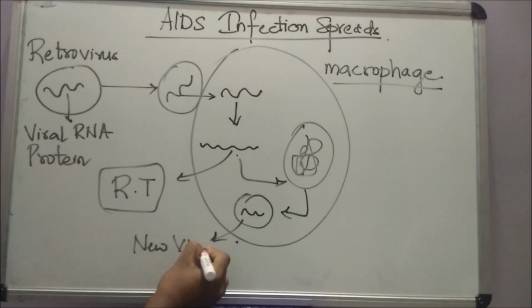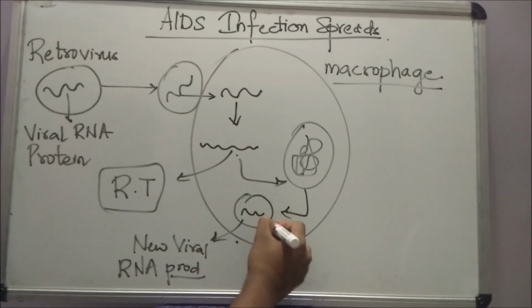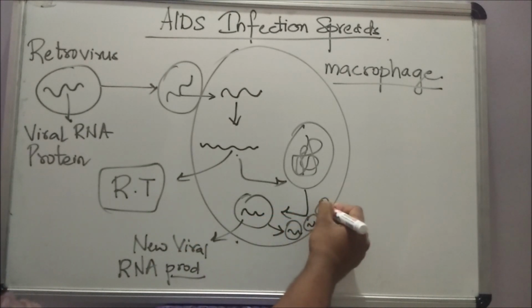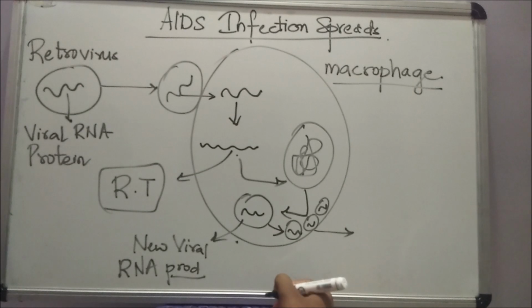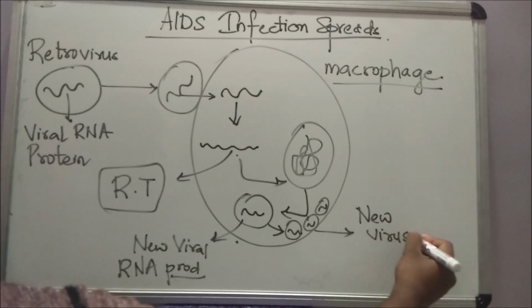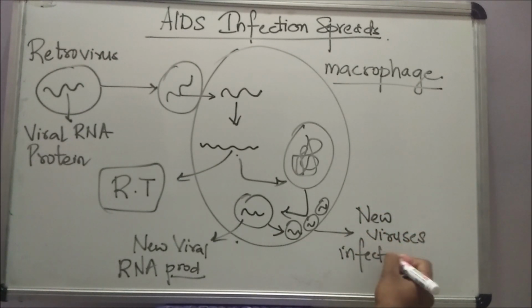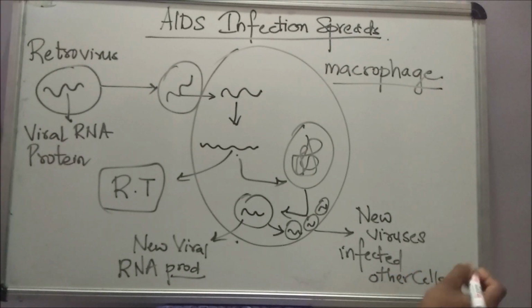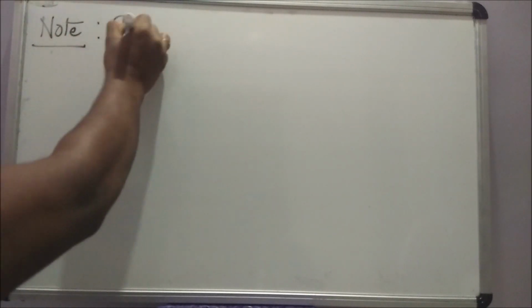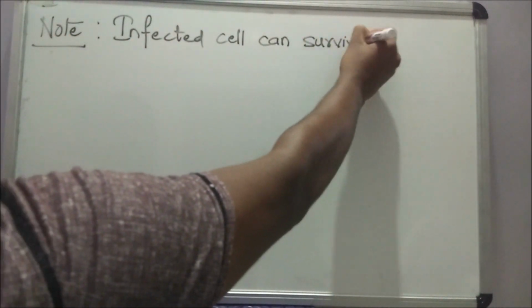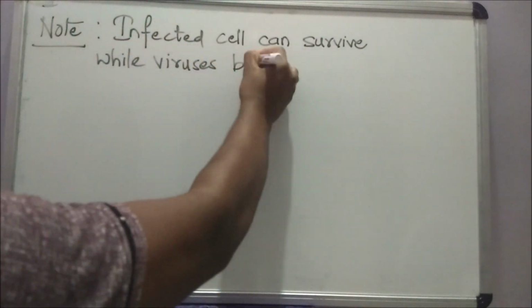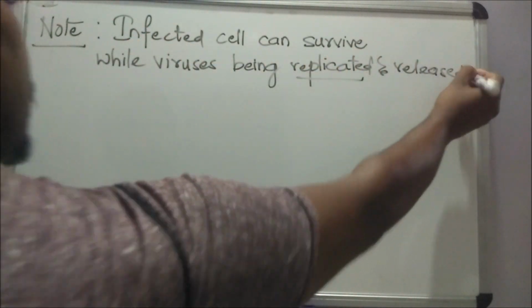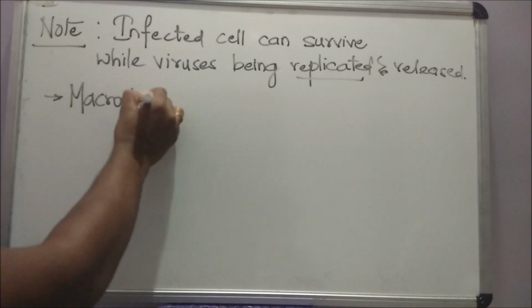These new viral RNAs form new viruses. These new viruses get out of the macrophages, and then they can infect other cells or other macrophages. The infected cells can survive while the viruses are being replicated and released. Here, macrophages become a virtual HIV factory.